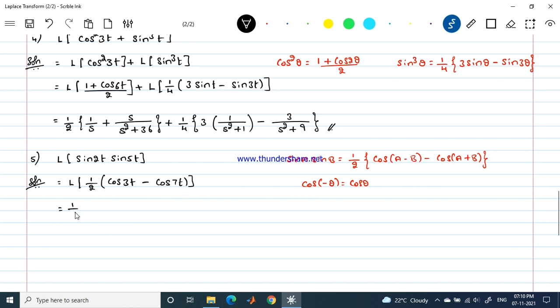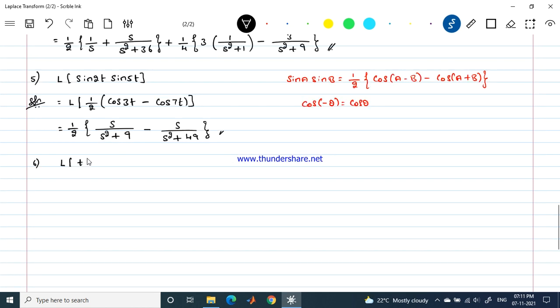So 1 by 2 is a constant. So Laplace of cos 3t is s by s square plus 3 square, which is 9, minus s upon s square plus 7 square, which is 49.